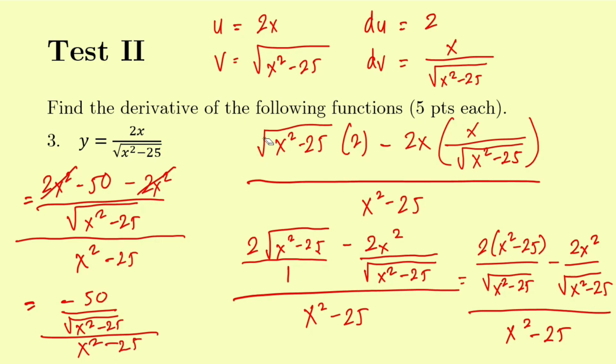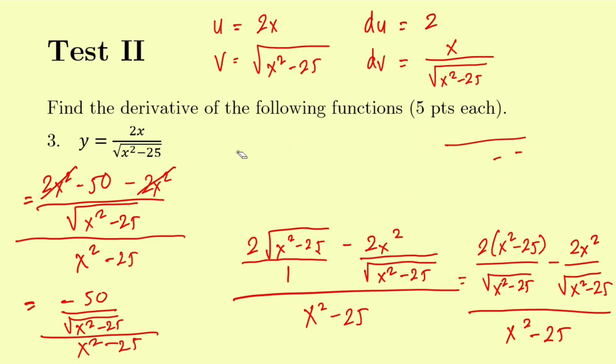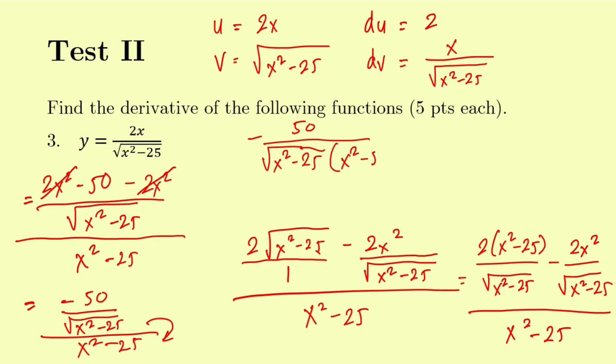We can simplify this further so that we are only left with one numerator, one denominator, not just a complex array of fractions. We can multiply this to the actual denominator of these entire fractions. So we end up with negative 50 all over the square root of x squared minus 25 multiplied by x squared minus 25. And that will be the simplest form of the derivative of this function. So this will be the final answer for item number 3.